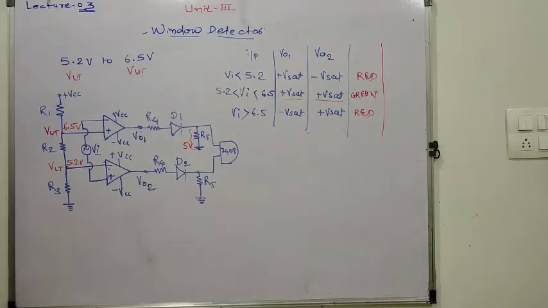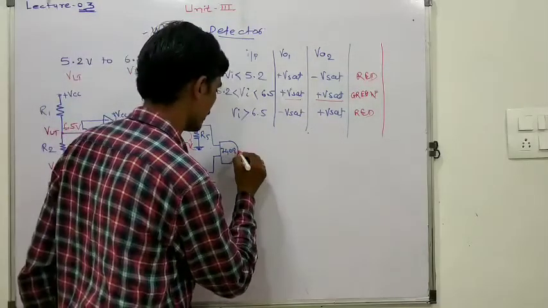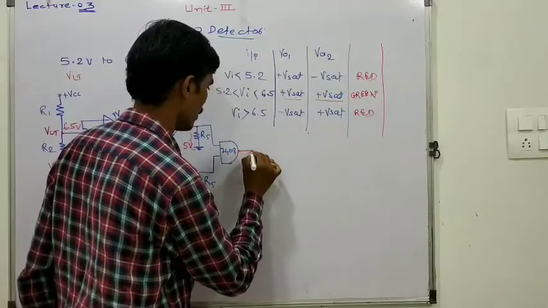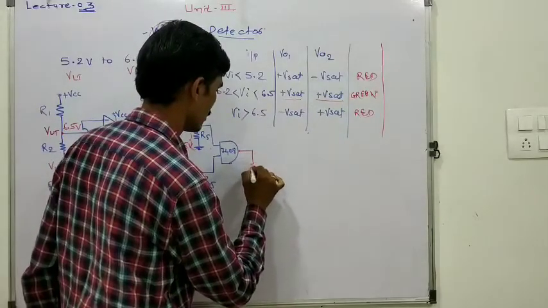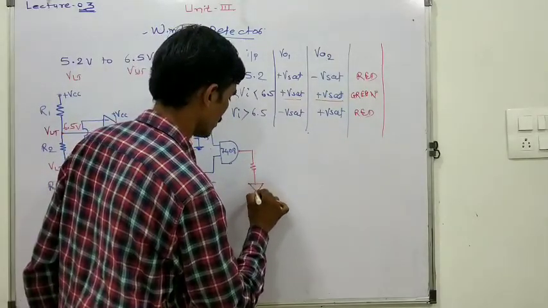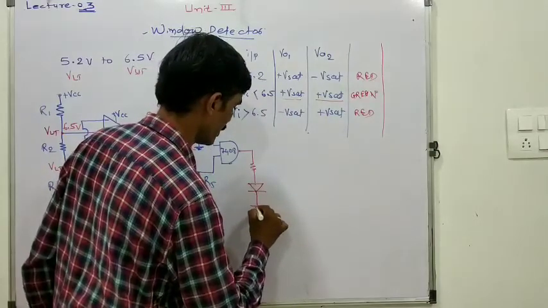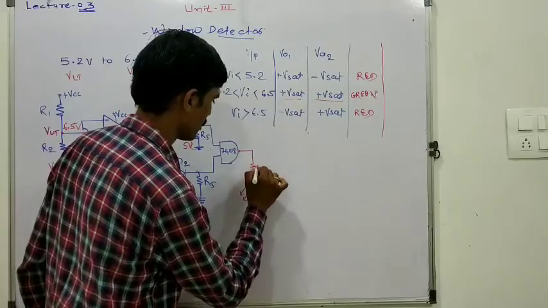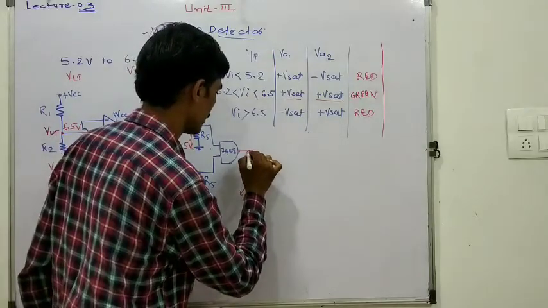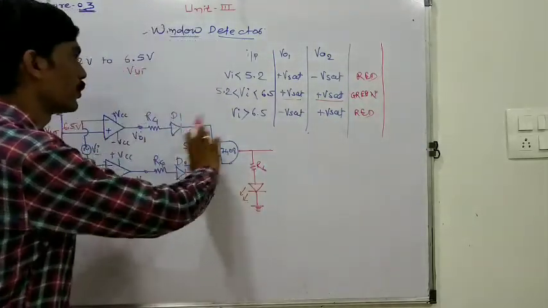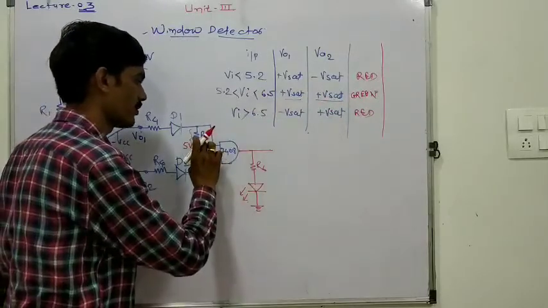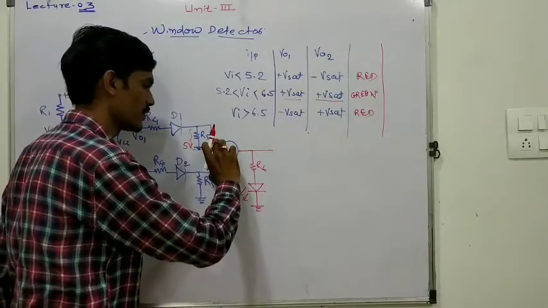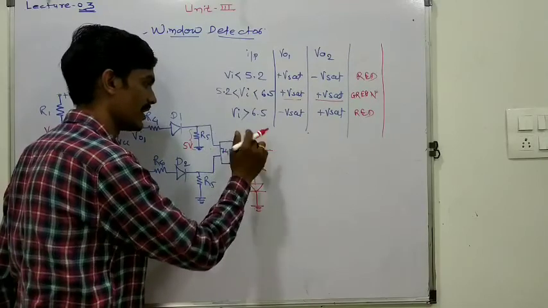Now next we have to glow the green LED. After this logic we have to glow the green LED. So this is R6. Now if both conditions are true, the logic input of this 7408 AND gate is equal to 1, and this will be provided 1.